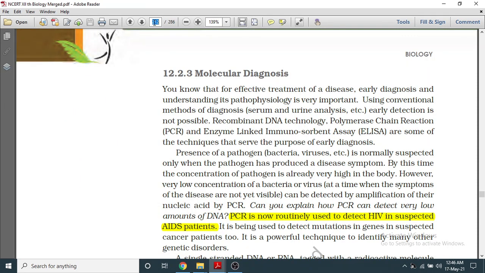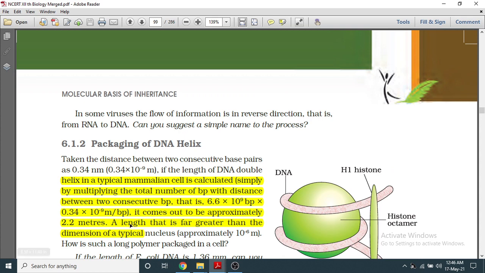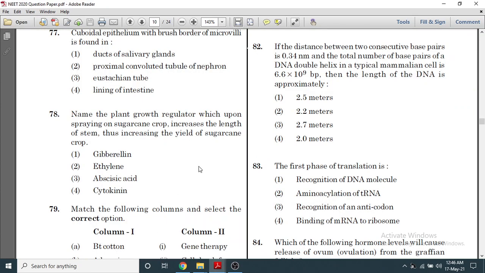Here they have written it line by line, the exact line. So 2.2 meters. Question number 81, page number 148, option number 1 is correct. Question number 82, page number 99, option number 2, 2.2 meters. So this will be the correct answer.